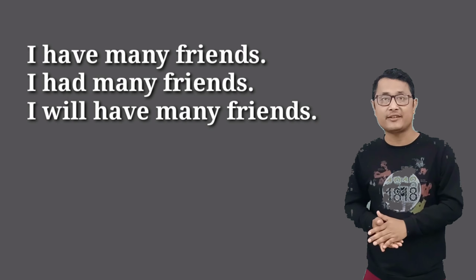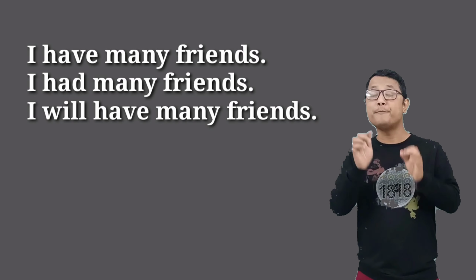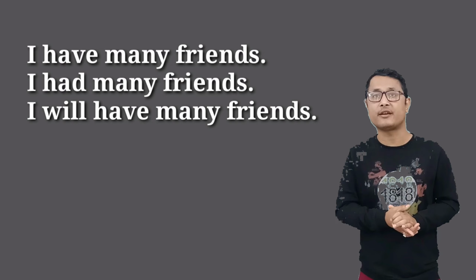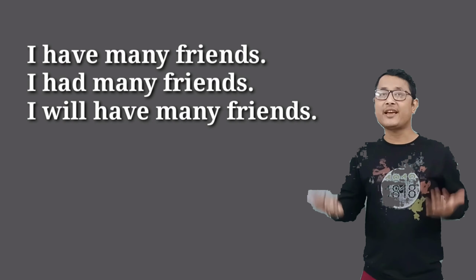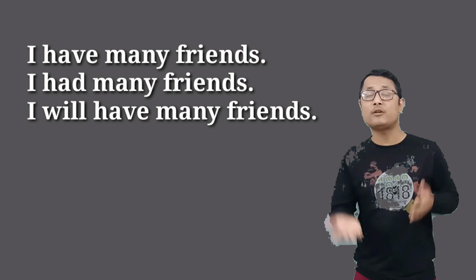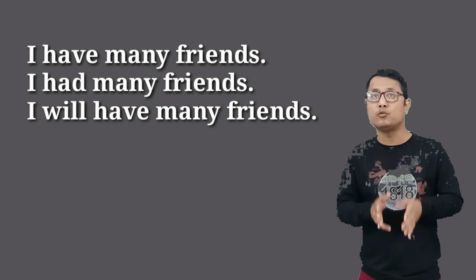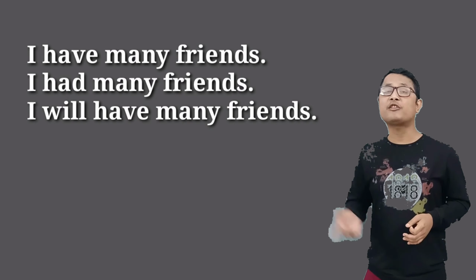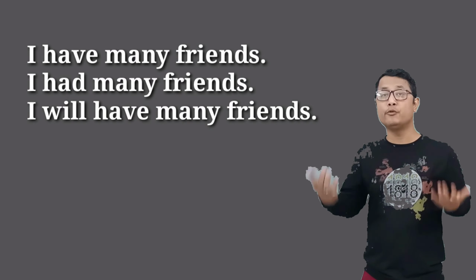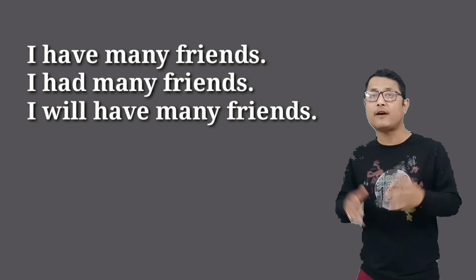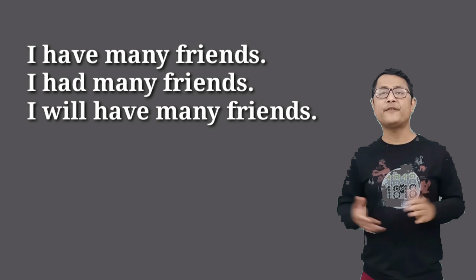Look at these three sentences. What changes did I make in these three sentences? In the first sentence, I used I have. In the second sentence, I want to mean about the past. At that time, I used I had, the past form of have. And when I wanted to speak about future, then I used will after the subject. I said I will have many friends.